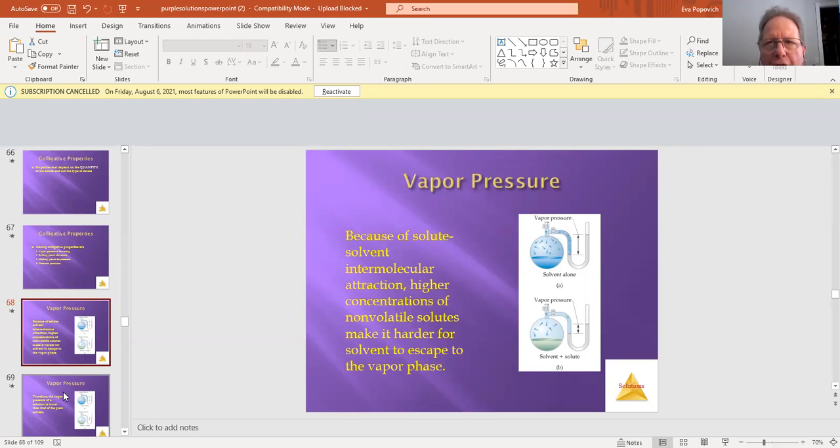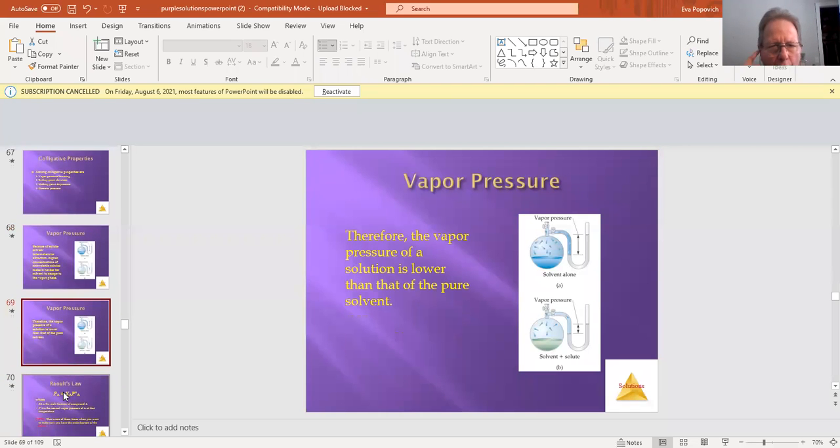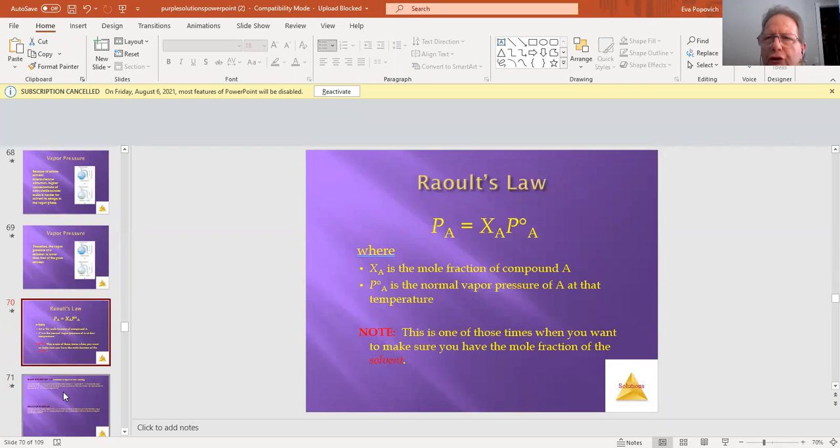Its vapor pressure gets lowered because it is dissolved by that solute. And Raoult's law states the new pressure is equal to the mole fraction of the solvent times the original vapor pressure.